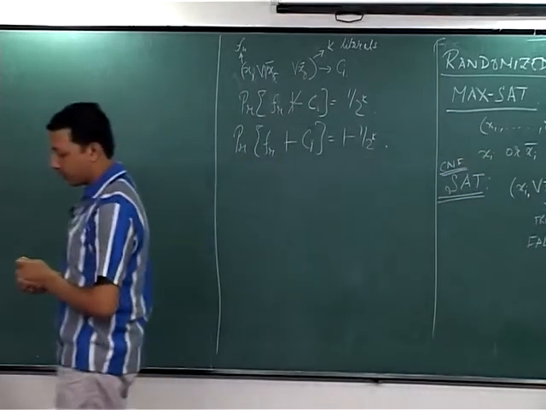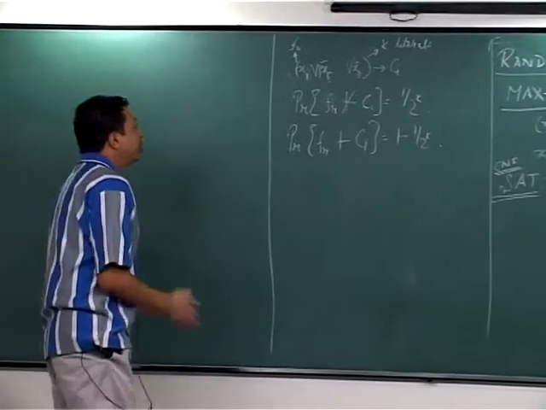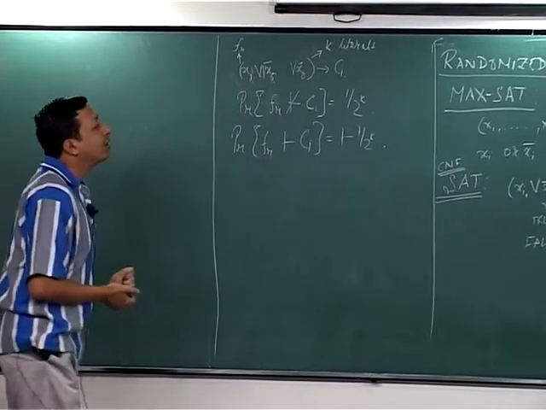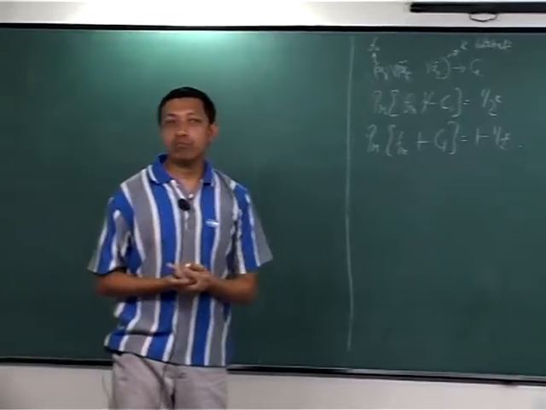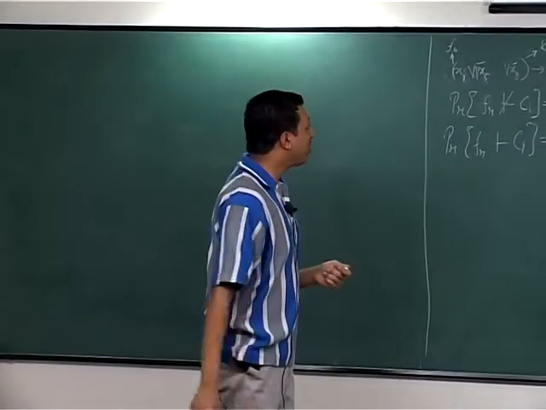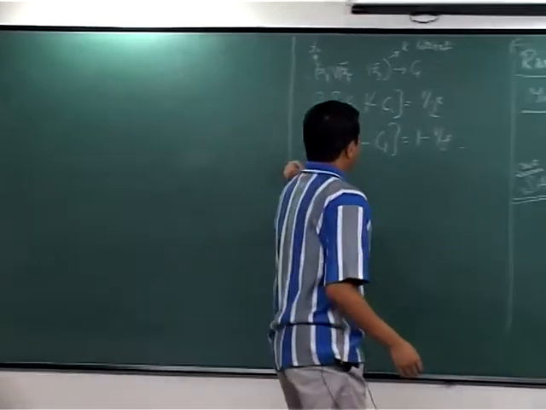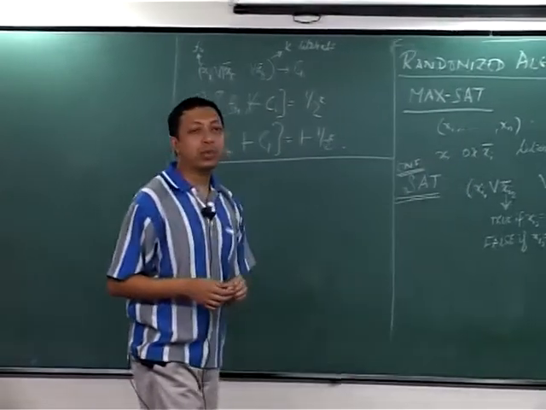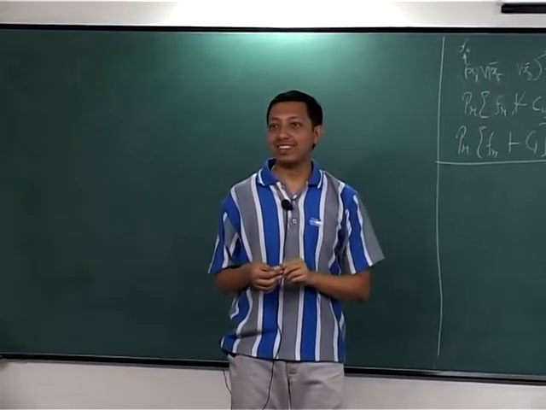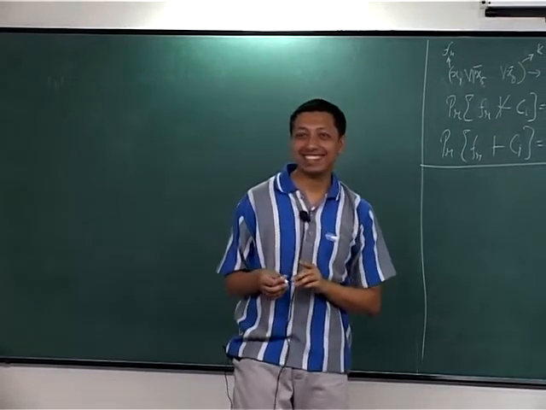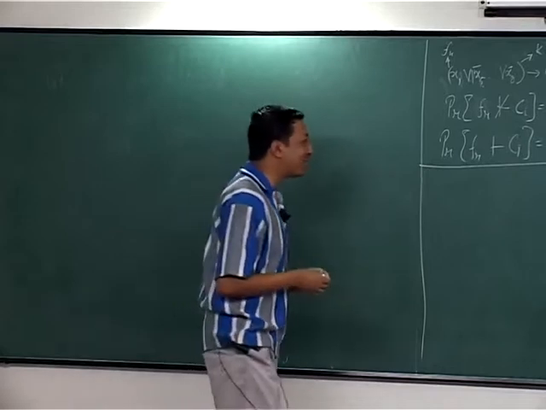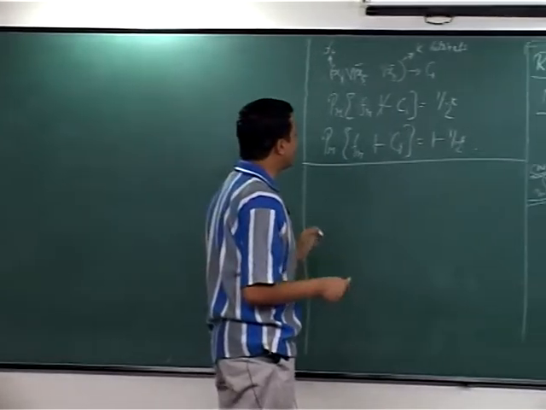And here's something from probability that you might have encountered earlier. It's called linearity of expectation. How many people know about it? Anyone with a basic course in probability should know this.